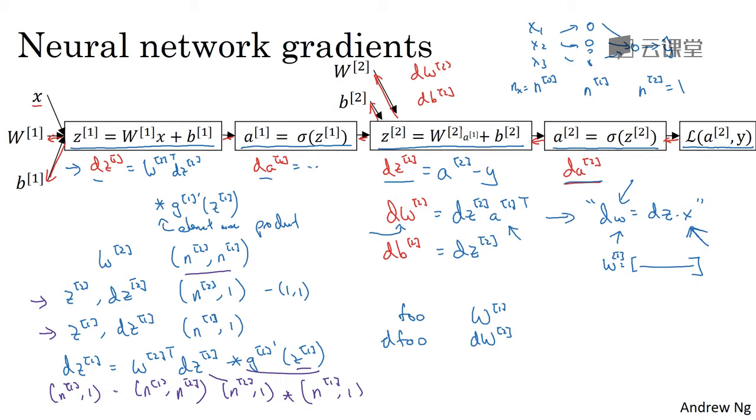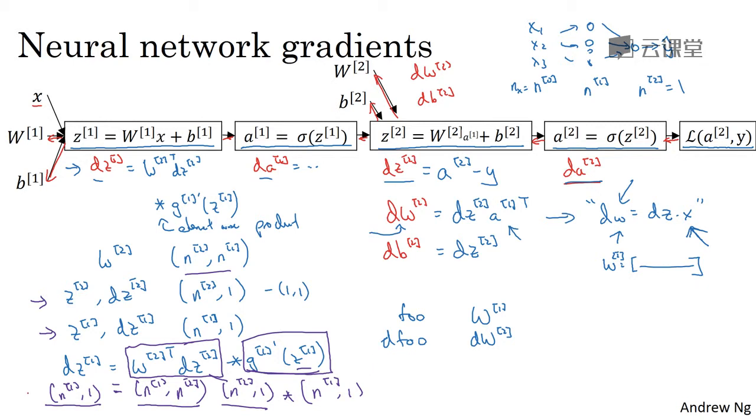So the dimensions do make sense, right? An n1 by 1 dimensional vector can be obtained by an n1 by n2 dimensional matrix times an n2 by 1 vector, because the product of these two things gives you an n1 by 1 dimensional matrix. And so this becomes the element-wise product of two n1 by 1 dimensional vectors. And so the dimensions do match up.